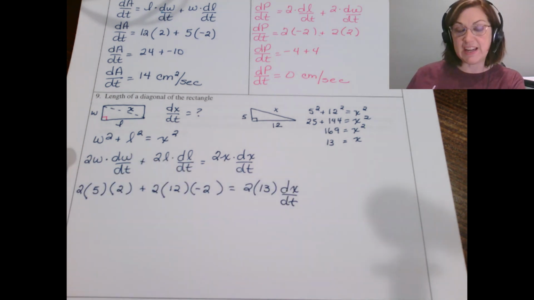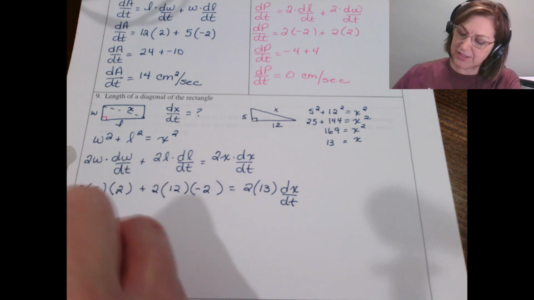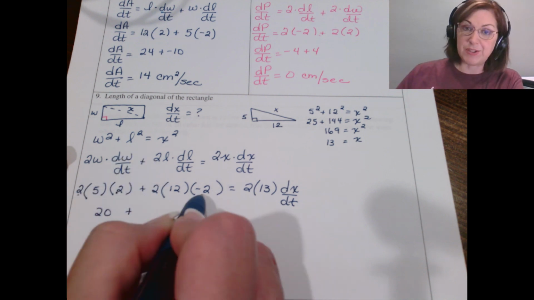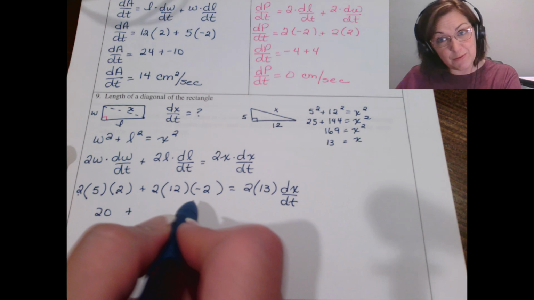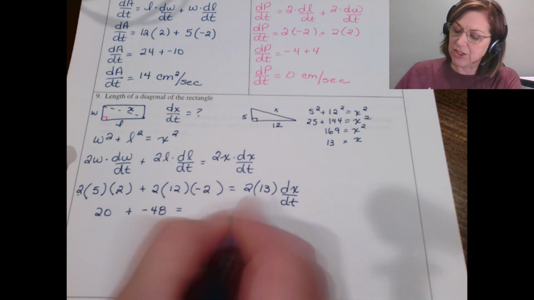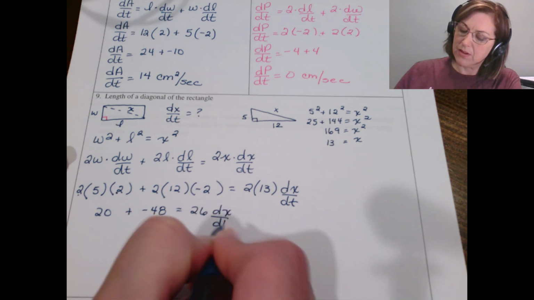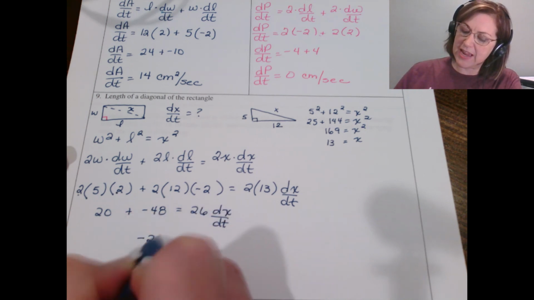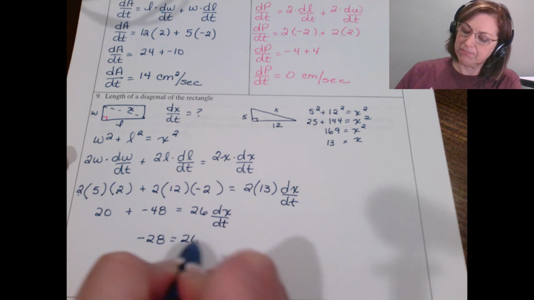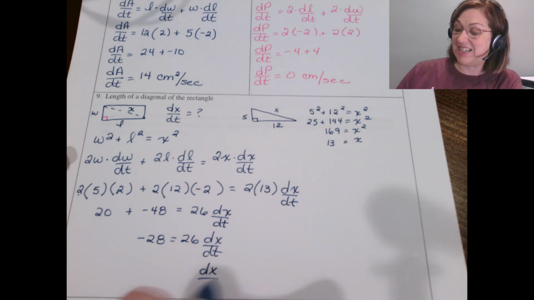Okay, let's solve for dx/dt then. I've got 2 and 2 makes 4, and 5 is 20. 2 and -2 makes -4, and 12 makes -48, and 2 and 13 is 26. So that gives me -28, and then we can divide by the 26.